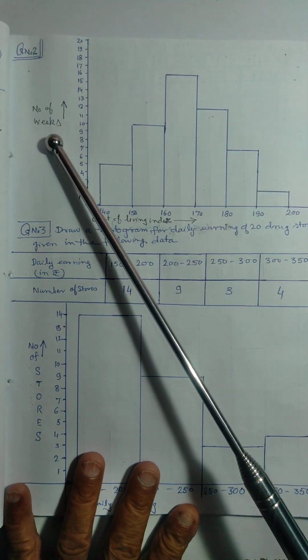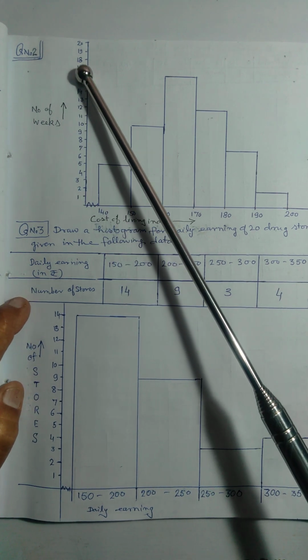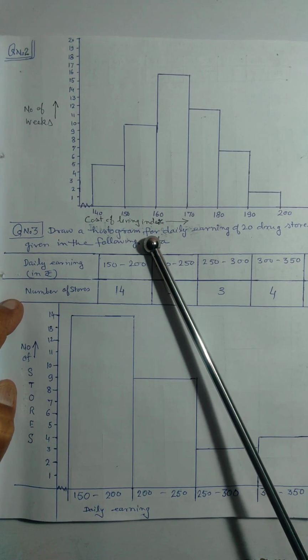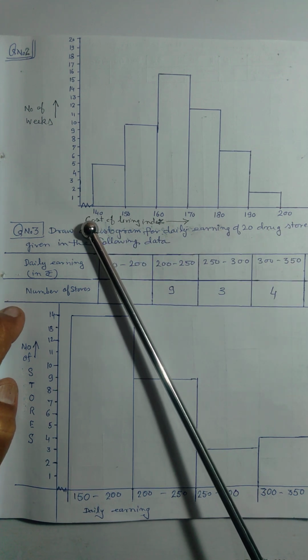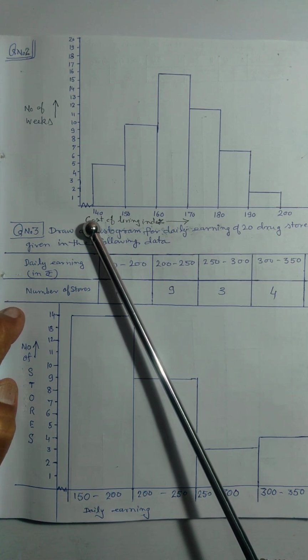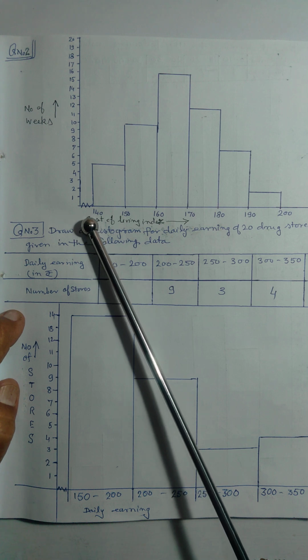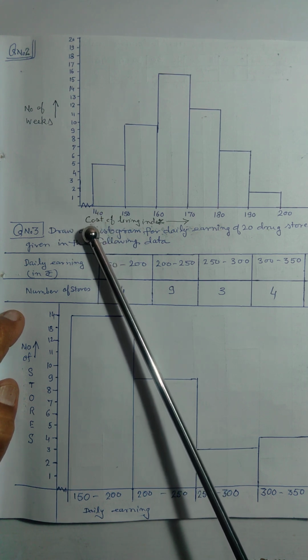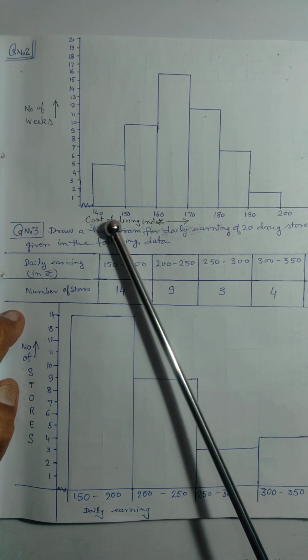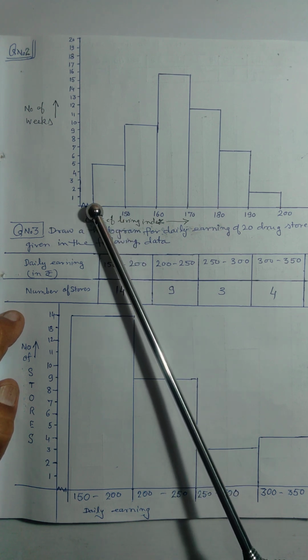Number of weeks has been represented along the y-axis and the cost of living has been represented along the x-axis. Again here it is a kink line, meaning it has not been started from 0 to 140. We have started from 140 to 150 here, which was not required.